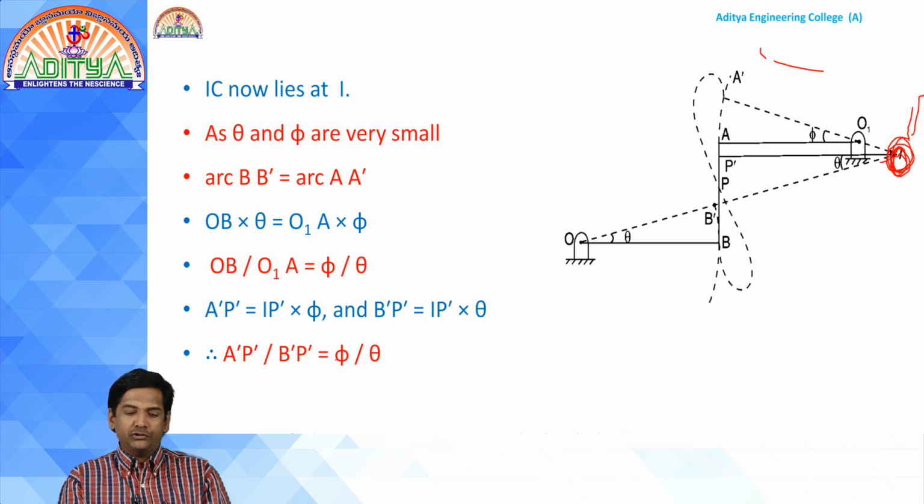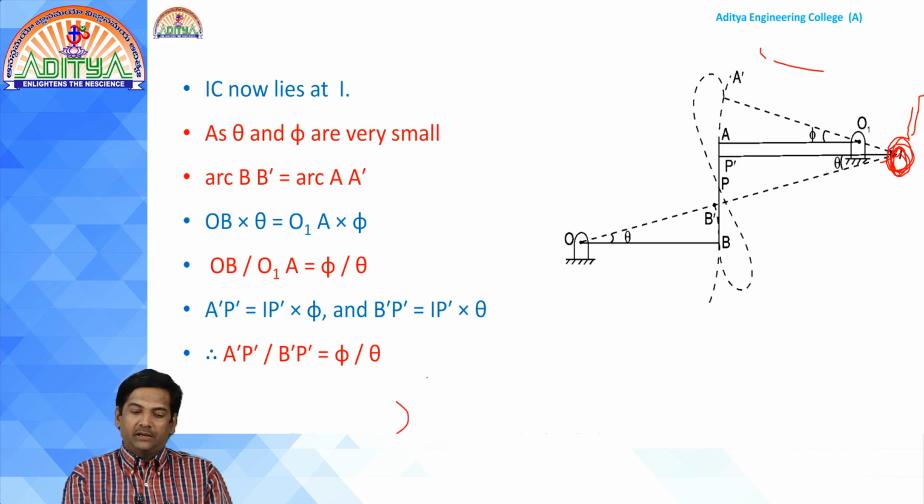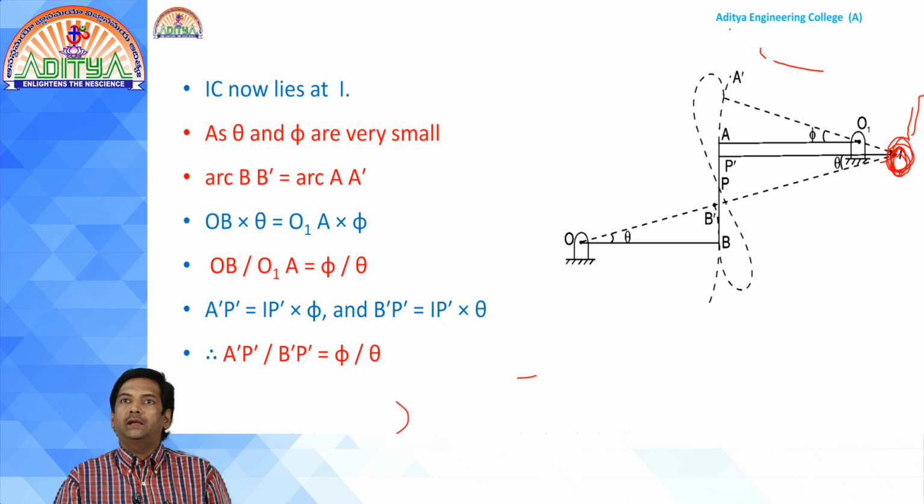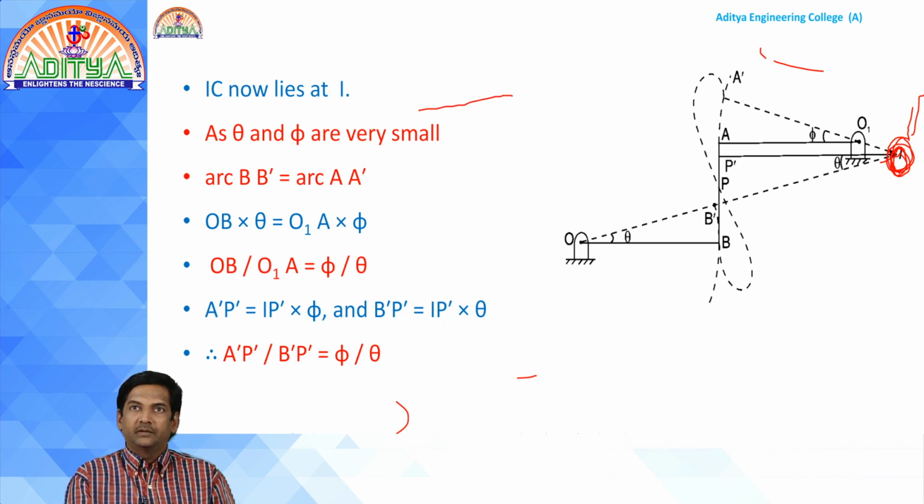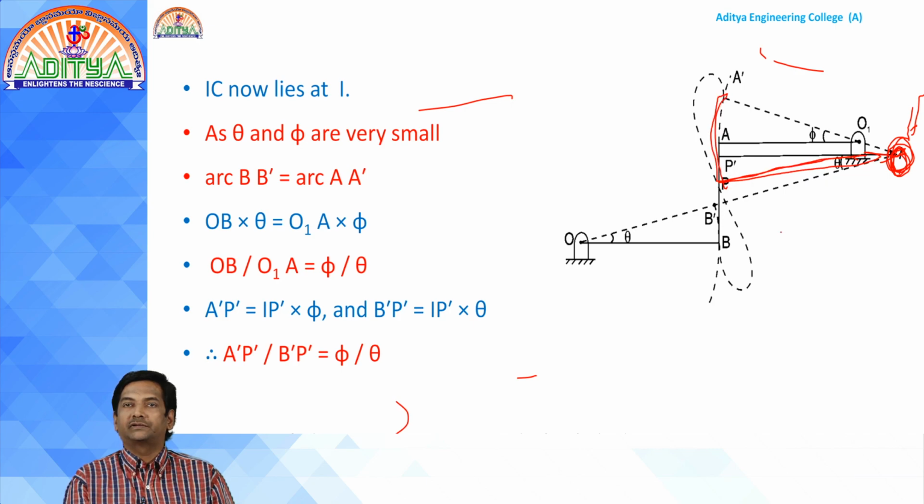Now with reference to the instantaneous center, for A dash P dash, take the instantaneous center as the center of rotation. Now I, P dash and A dash form an arc.